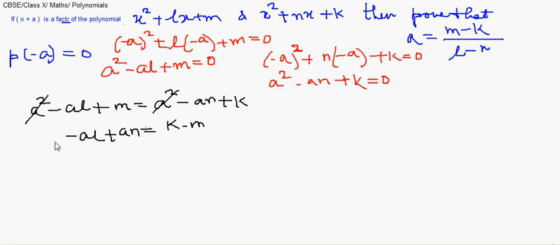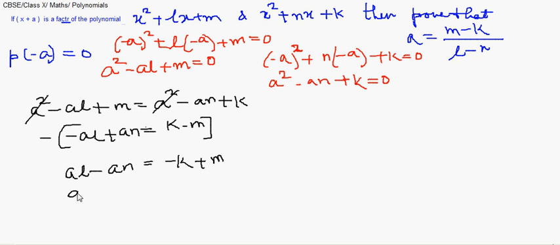I need to multiply the whole equation with a minus. Is that going to help me? Yeah, that's going to help me perhaps. So that makes it al minus an equals minus k plus m.